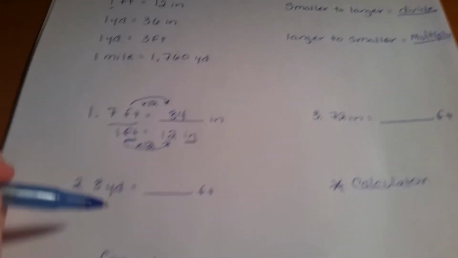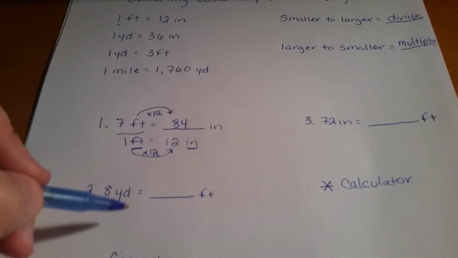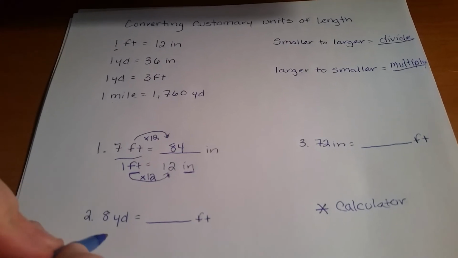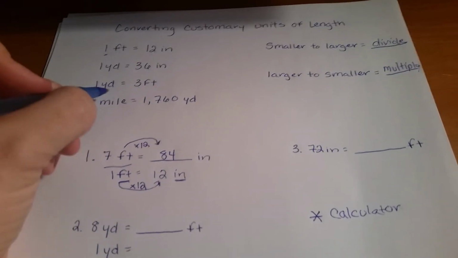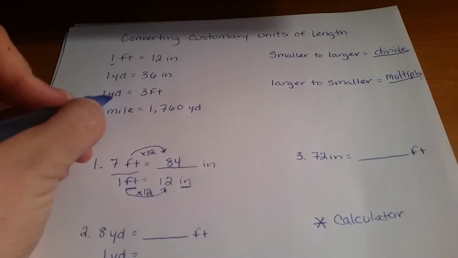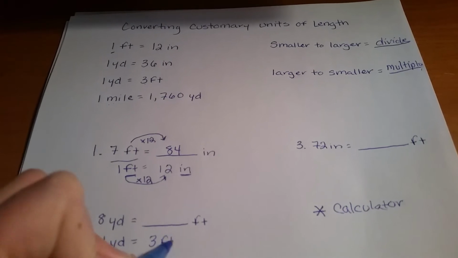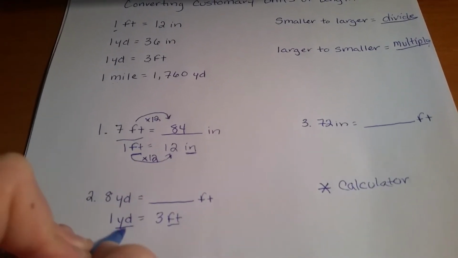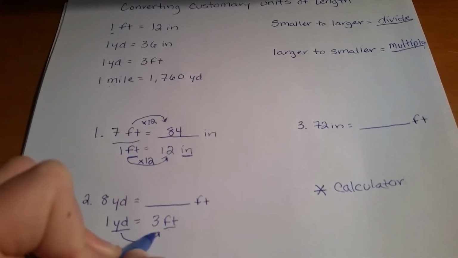So now let's take a look at the next one. I have 8 yards. And I'm converting it to feet. So I have 1 yard equals how many feet? Well, let's look at our conversion chart. 1 yard equals 3 feet. So what did I do? I went from yards to feet. Well, a yard is bigger than a foot, so I'm going from a larger unit to a smaller unit again.